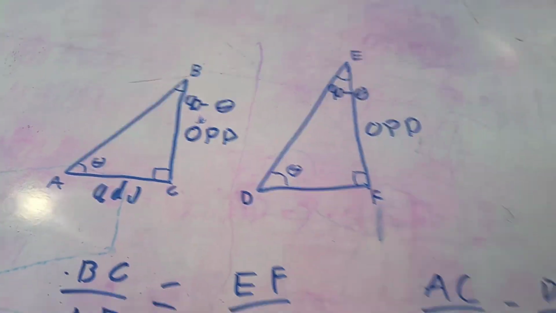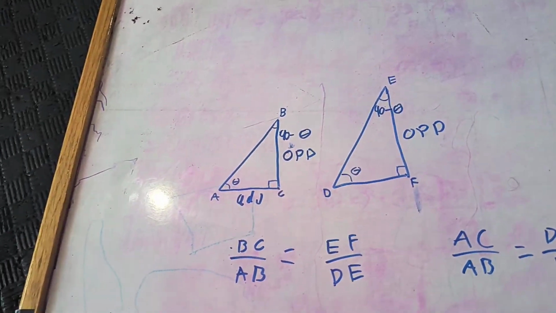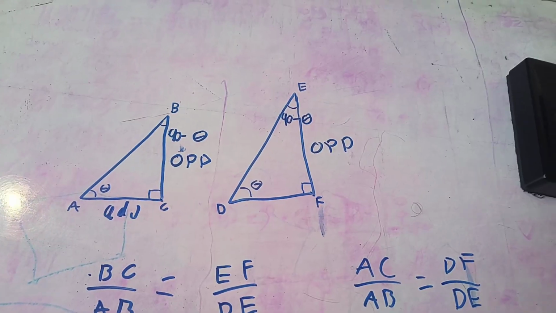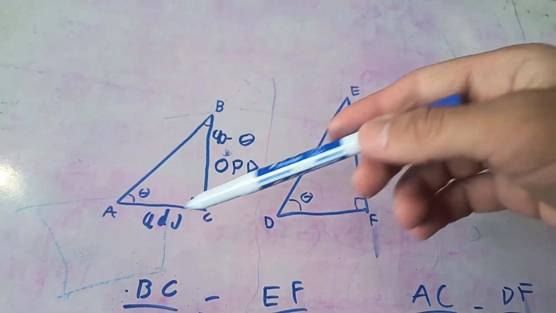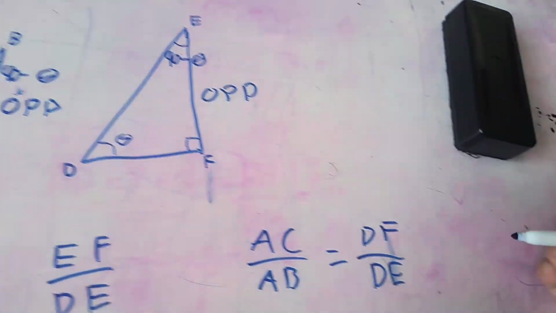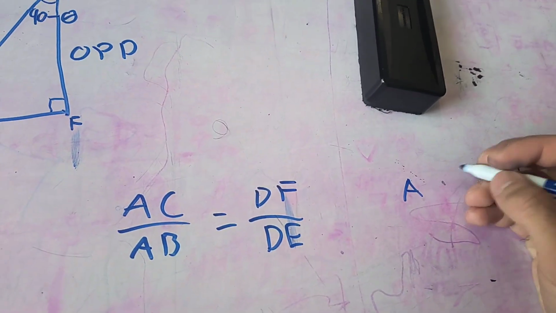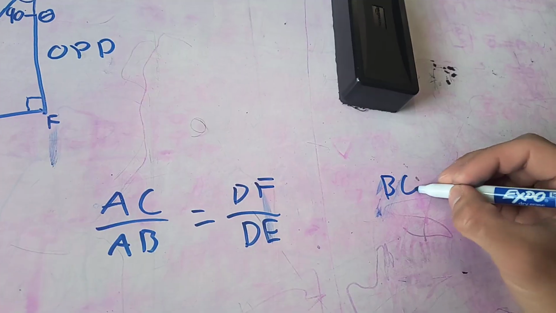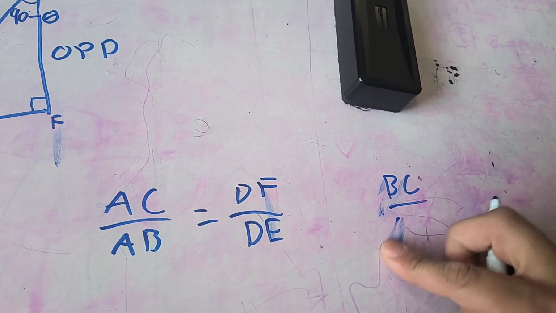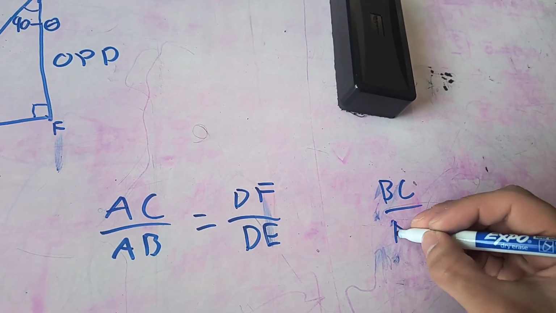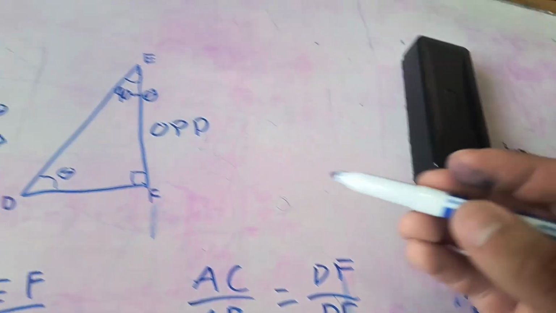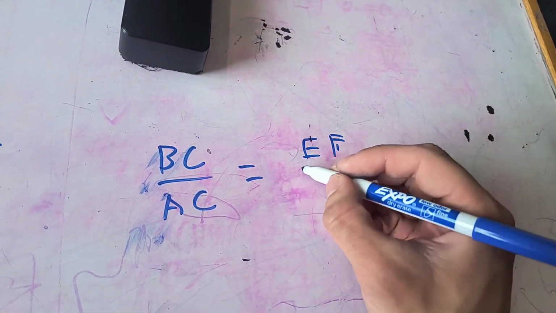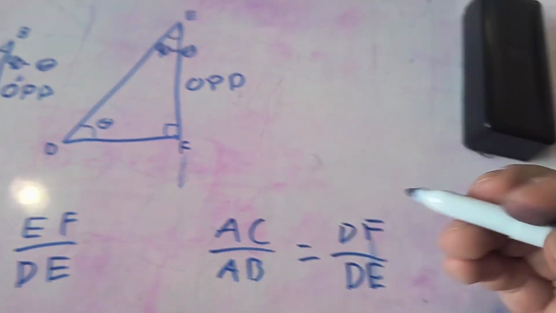And the same thing will be true if we take BC over AC. That's going to be equal to EF over DF.